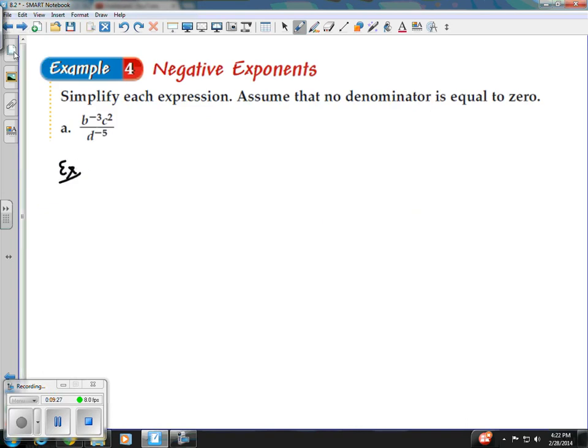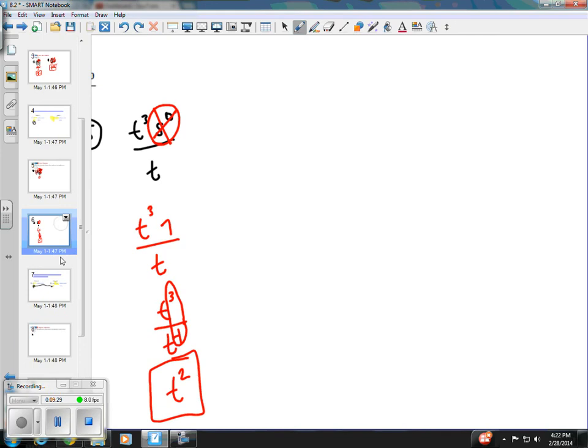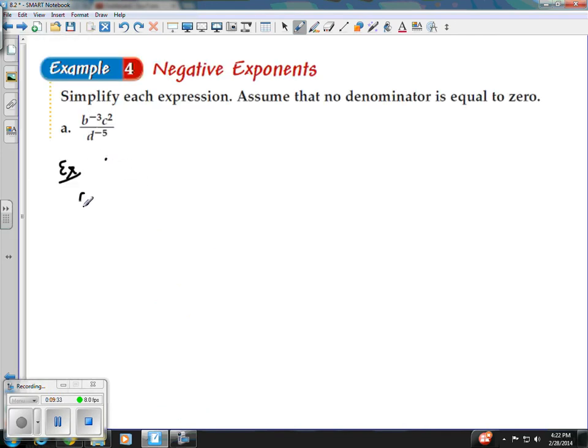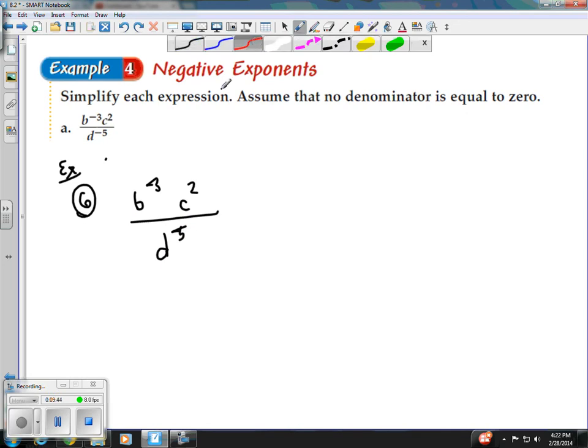I don't remember what number we're on, so this will be example 6. We have b to the negative 3rd, c squared, over d to the negative 5th. That fraction bar tells us we're dividing, but I have b to the negative 3rd. Do I have any other b's? Nope, so he's just by himself.